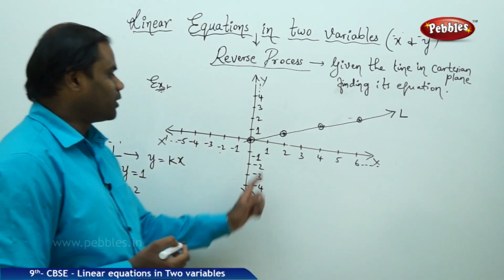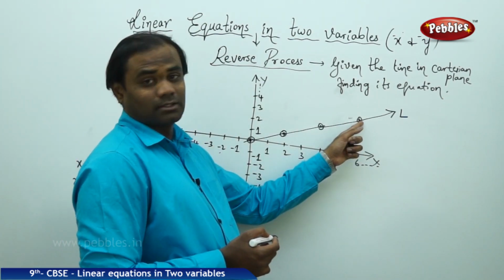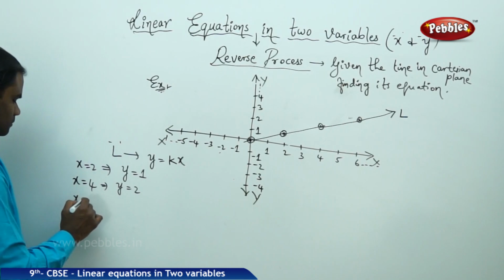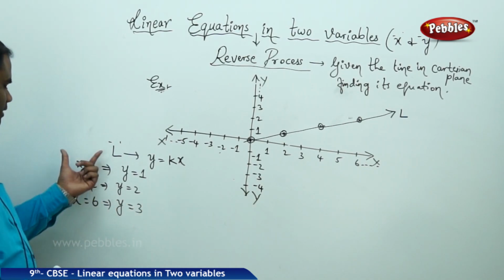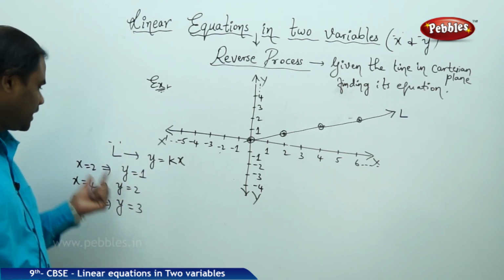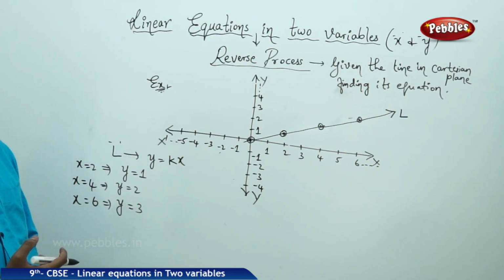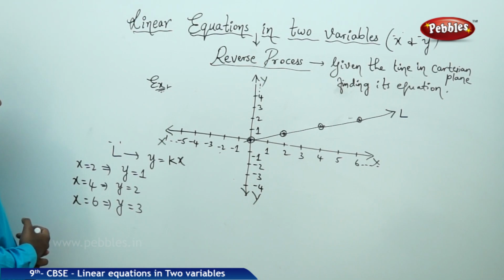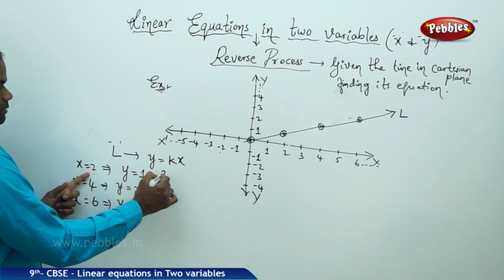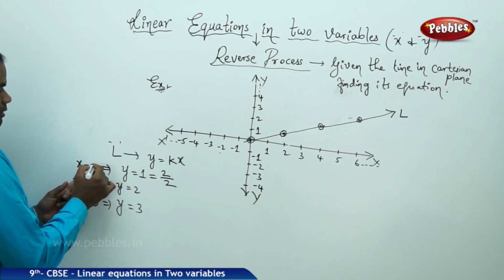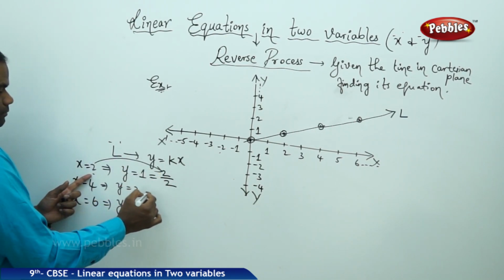Similarly, when I take the third point, when x is 6, my y is 3. So I try to identify a pattern between the x values and the y values. Clearly I see here that 1 is always, when I write this in the form 2 by 2.